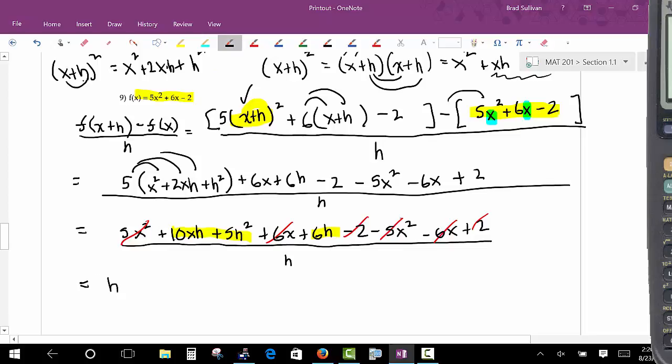So just take an h out of it. Don't take any other factor out, just that. So that's going to leave you 10x plus 5h plus 6, all over h, and then what happens? H cancels out. Like I said, it's always going to. As you're doing these problems, that's going to be your last step. Okay? It's going to cancel out. There's going to be some factoring involved, and then you're ready to write your final answer.